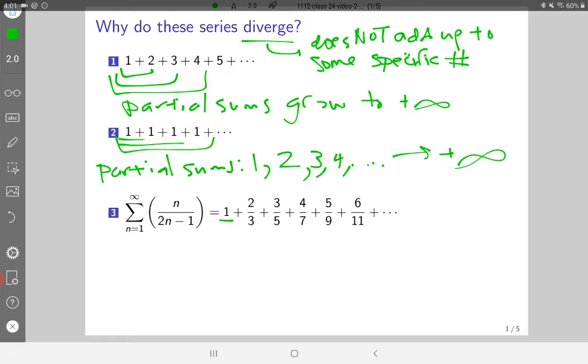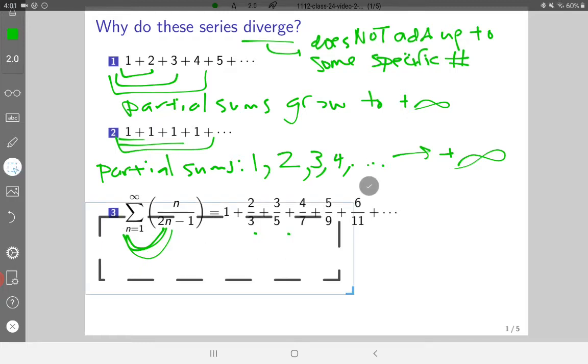And the denominators are all, well, let's think of that as 1 over 1. So 1, 3, 5, 7, 9, 11. Those are all the odds. And that's precisely what the 2n minus 1 in the denominator does. When n is 1, 2 times 1 minus 1, there's the denominator of 1. When n is 2, I get a denominator of 3. And when n is 3, I get a denominator of 5, and so on, and so on, and so on.